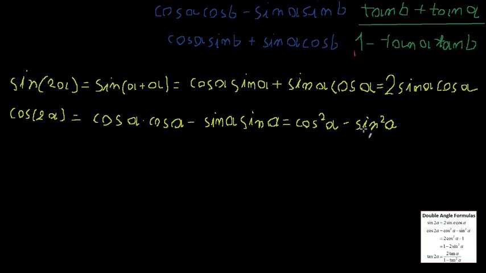To get all three formulas for the double angle cosine function, we need to use Pythagorean identities.